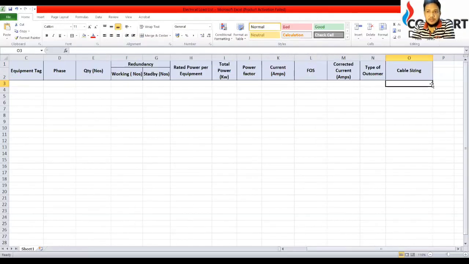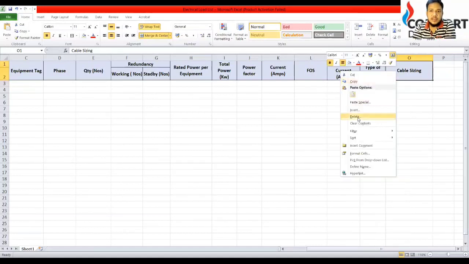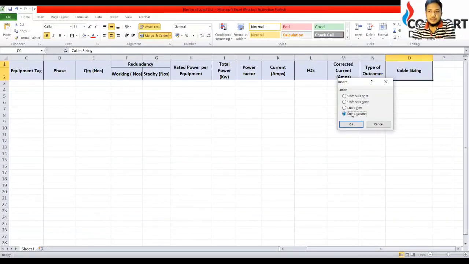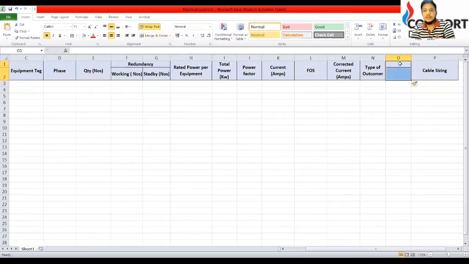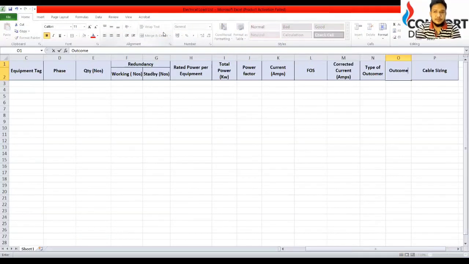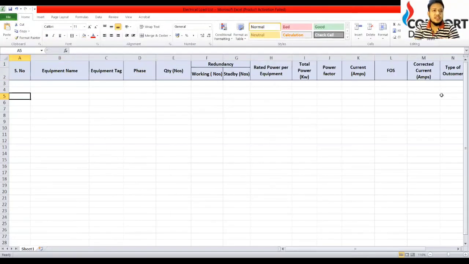Then type of outcomer, we will also write, that is your capacity of outcomer selection. And then we will do the cable size. Okay, so let's start with this.